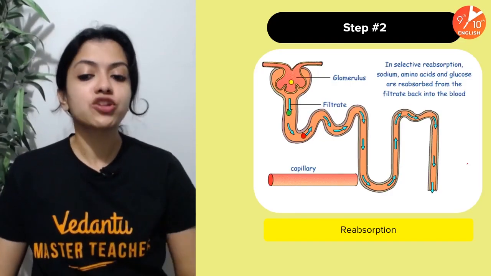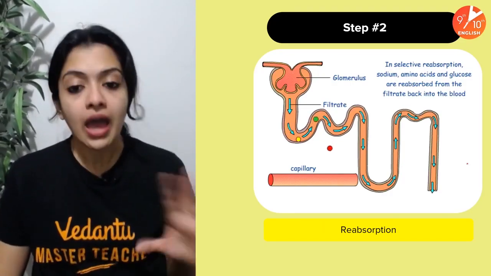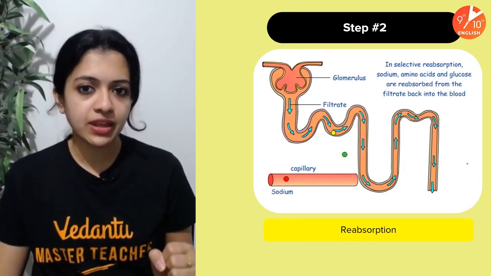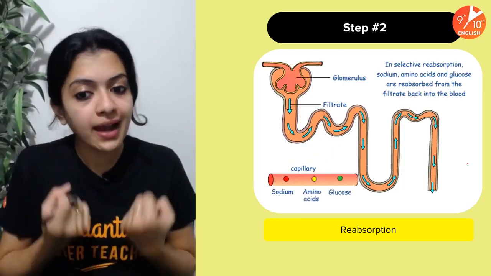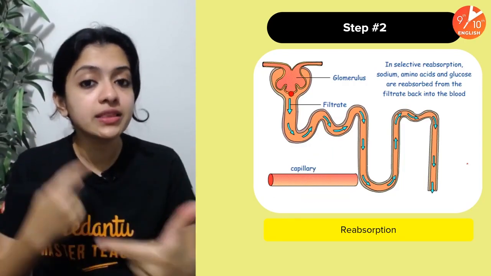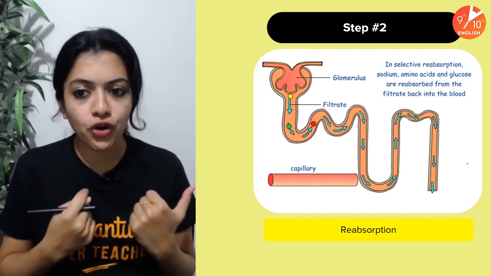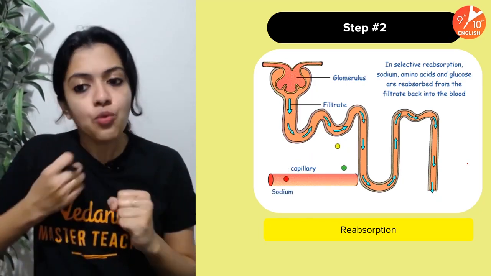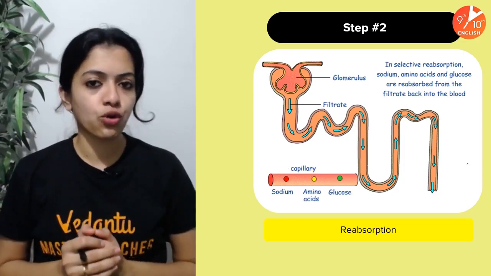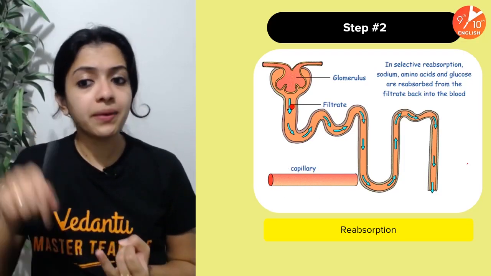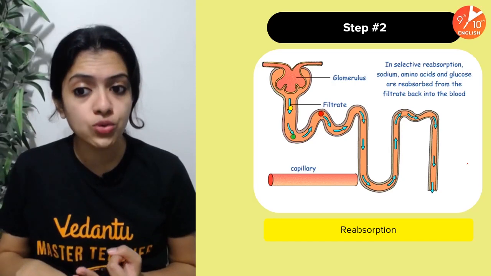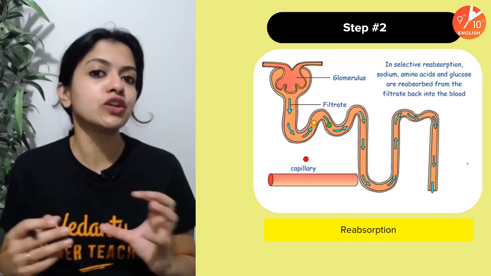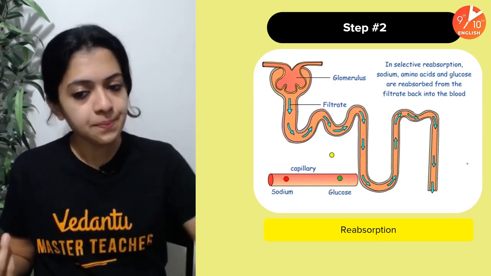Now coming to step 2, which is reabsorption. It's selective reabsorption, wherein the blood capillaries surrounding the tubular parts of your nephron reabsorb from the glomerular filtrate whatever the body needs at that point of time. It could be sodium, amino acids, glucose, anything useful to the body which accidentally became filtered.